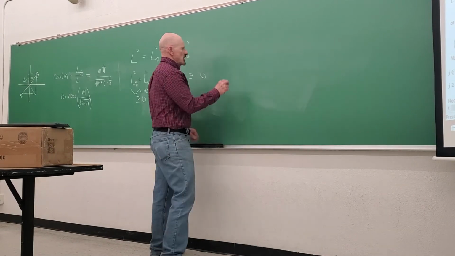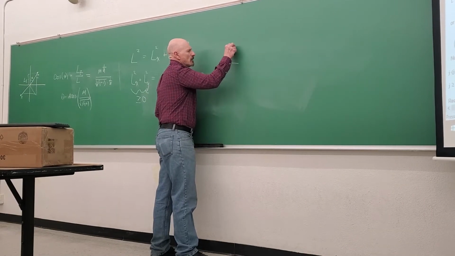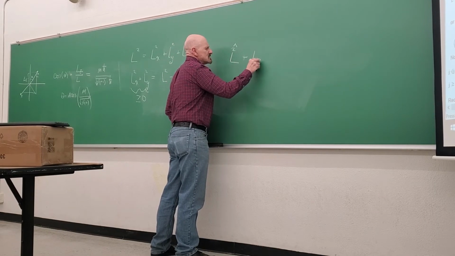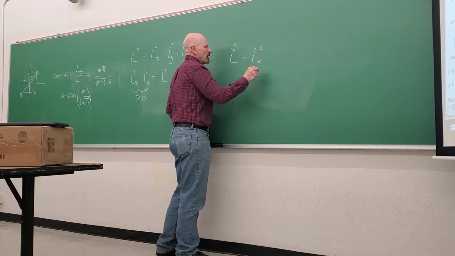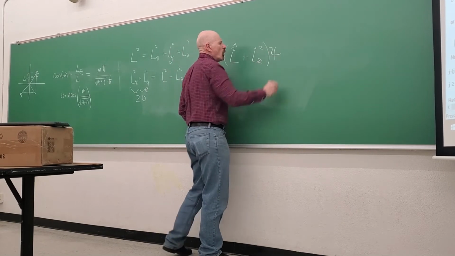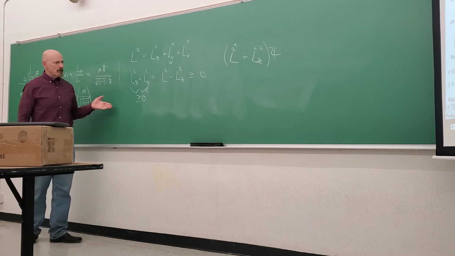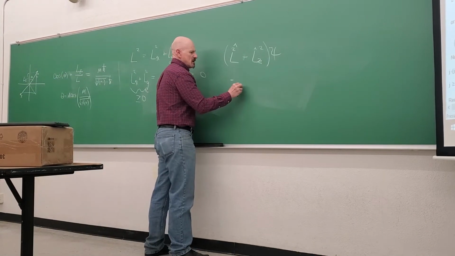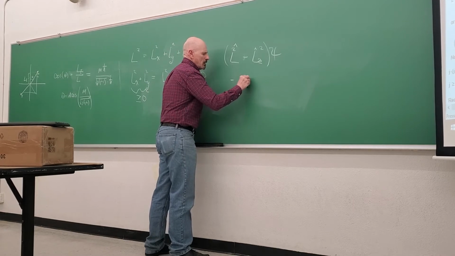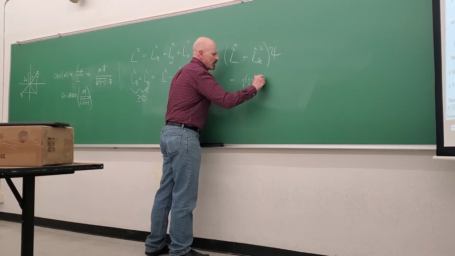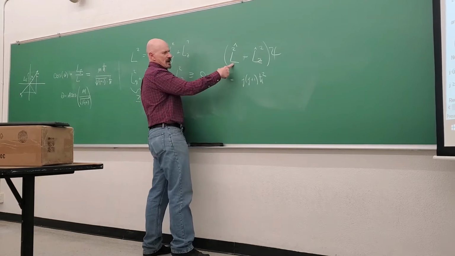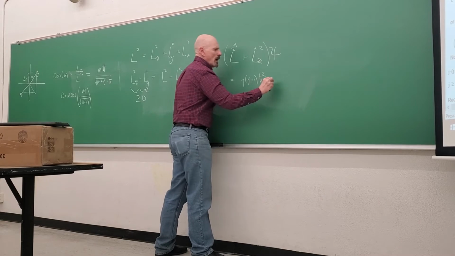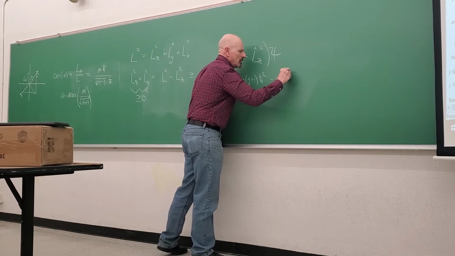In doing this, we know that the L squared operator minus the Lz squared operator on the wave function, okay? We have those answers. This is j times j plus 1, h bar squared, that's the L squared operating on the wave function, minus m squared, h bar squared.